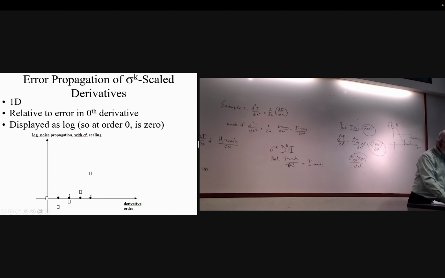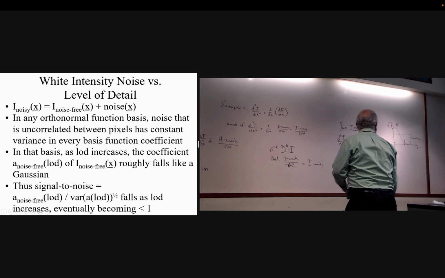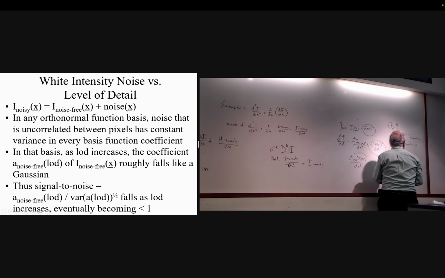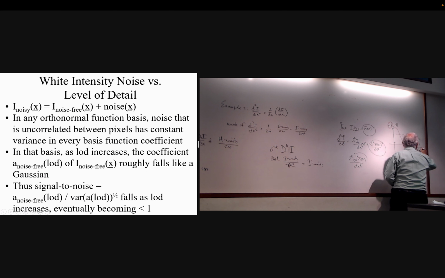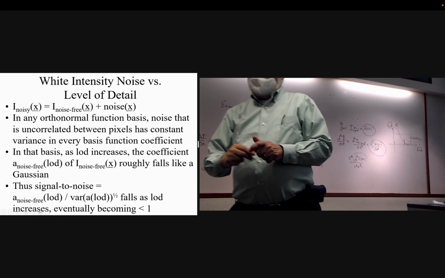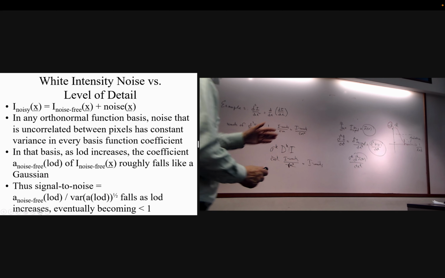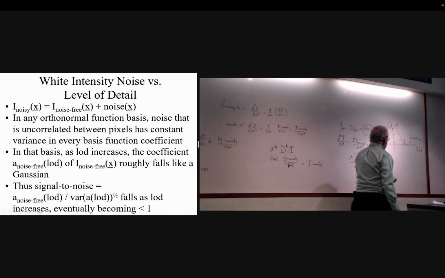Okay, so the final thing is that we've seen that for the frequency representation, 1 over frequency, which is wavelength, is a level of detail, right? And the main point is that all this analysis works for other orthogonal basis images.